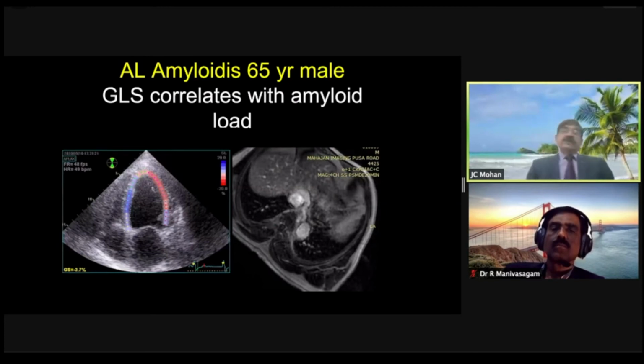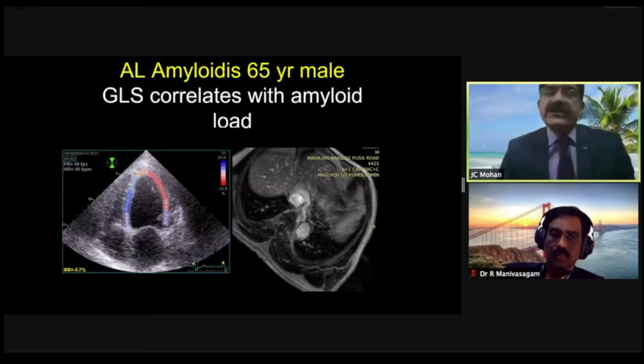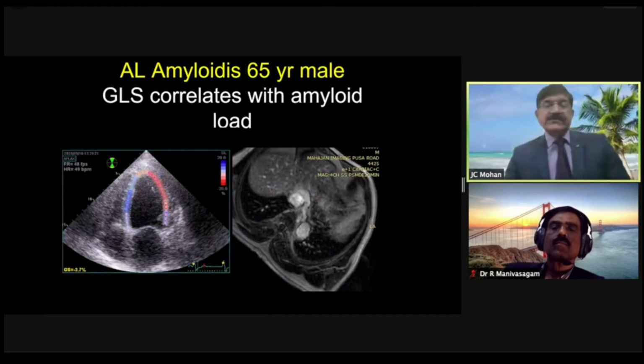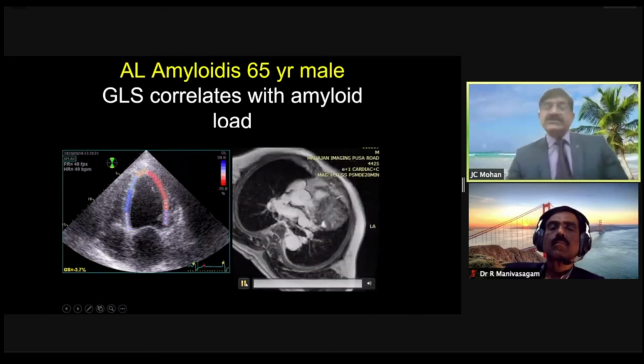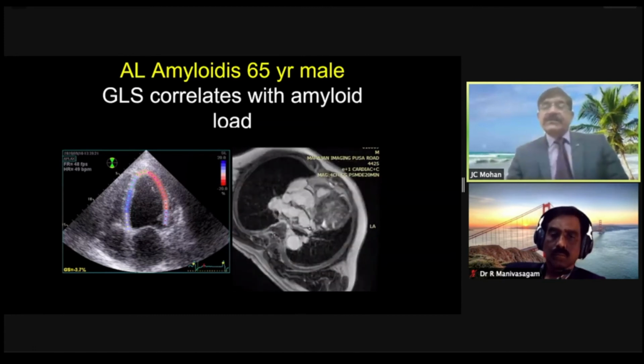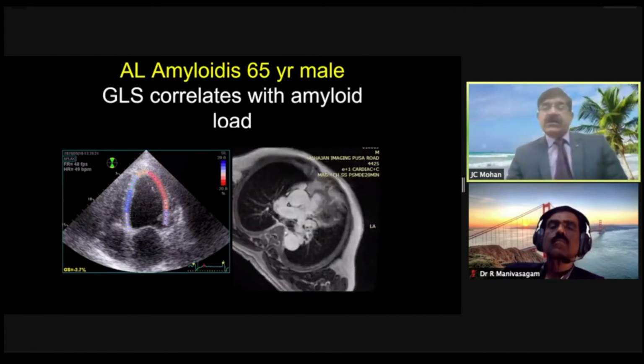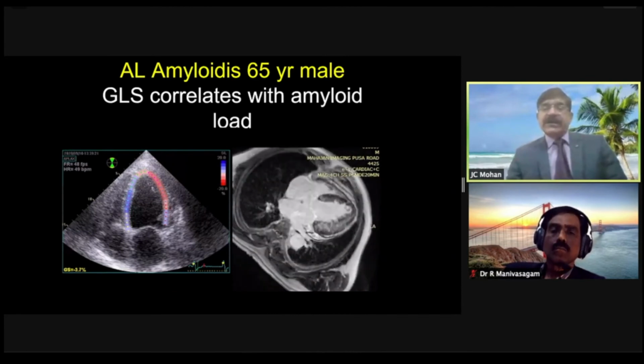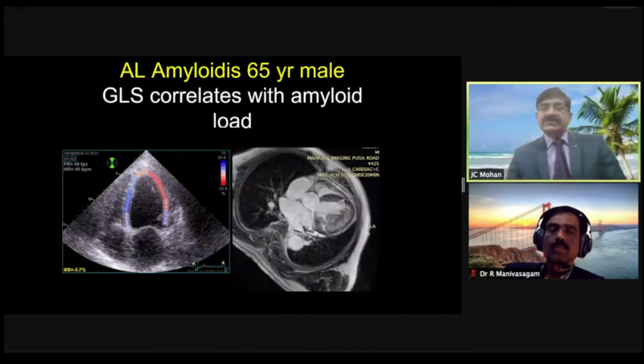But the important thing is global longitudinal strain correlates with amyloid load. And this is a very recent study, just published this week, saying that, for example, in this particular patient, you can see a good amount of amyloid deposit by cardiac MR. This is a delayed gadolinium enhancement.